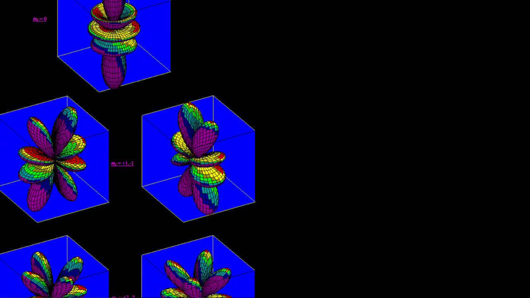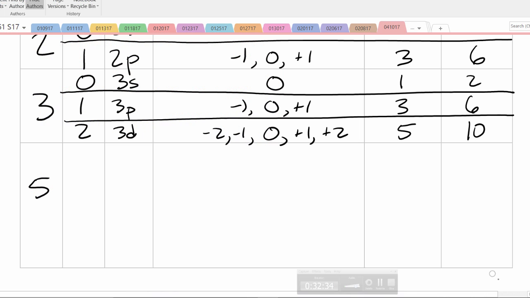So here's what the g orbitals look like. Are there z orbitals? Good question. I don't know. There are g orbitals. And you can look at yours once I get mine up here.